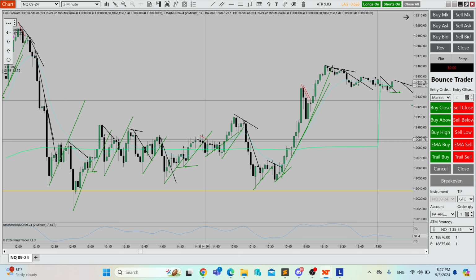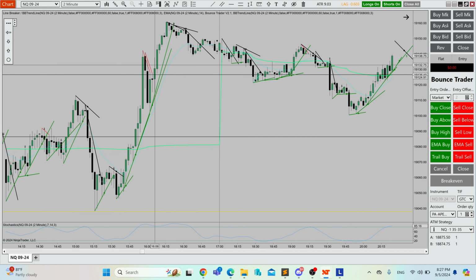So this would be a failure, but this would be a winner. This would be a kind of bull flag. And what about this one? Maybe this could be yours.